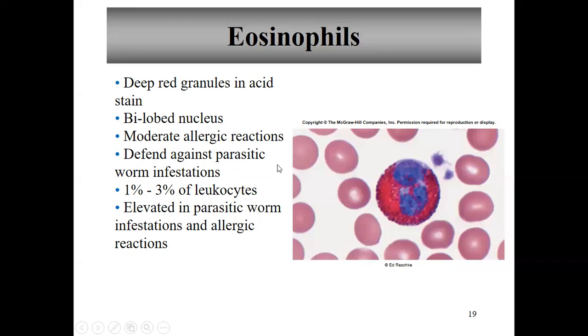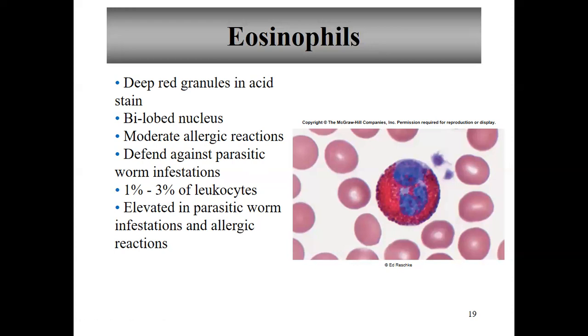This is springtime, so the trees and the plants are starting to bloom. So many of us will have increased seasonal allergies because these eosinophils are elevated during allergy season. Those of you who are affected by seasonal allergies, you right now will have an increase in your leukocytes, in your eosinophils specifically, beyond this 3% of the leukocytes.